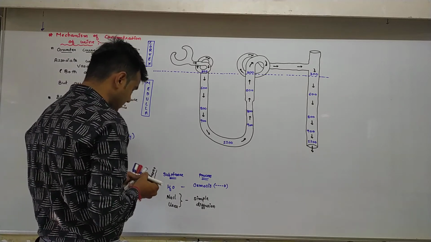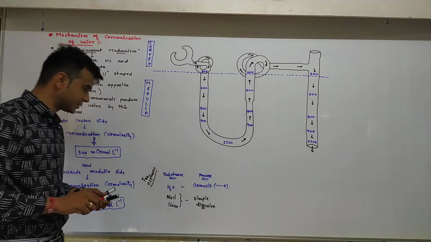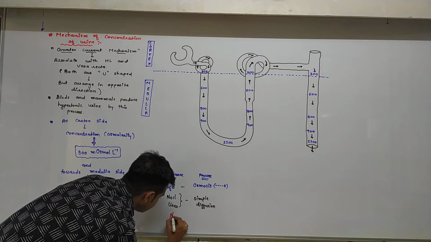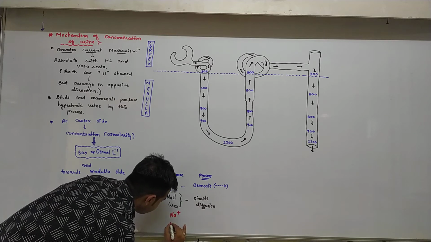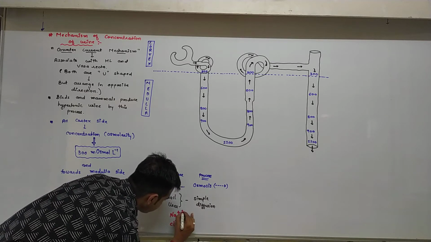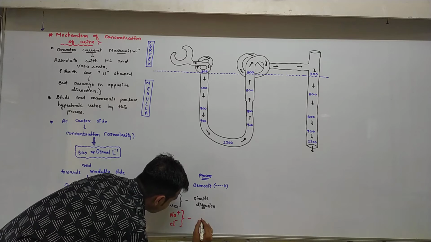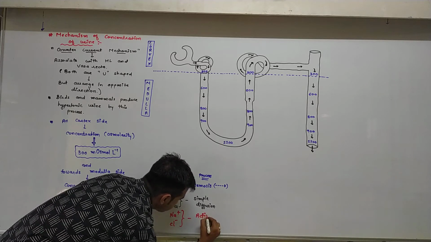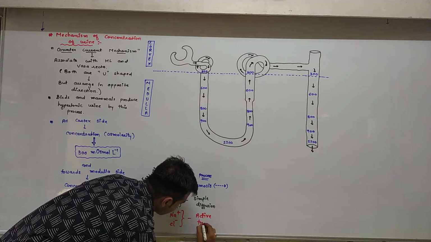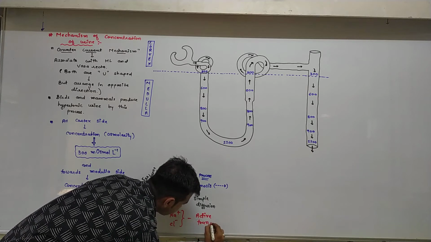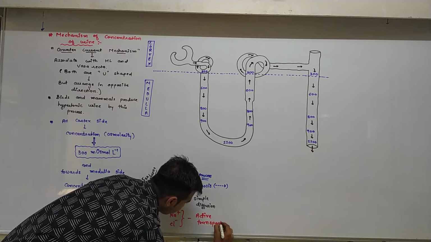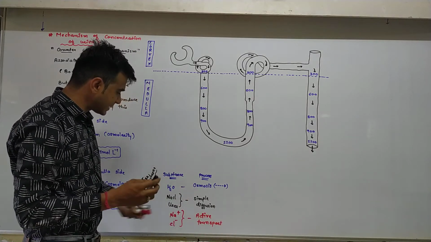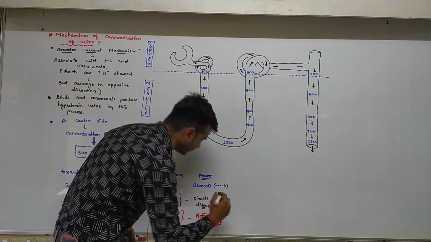And now here ions are there: Na plus and Cl minus ions by active transport. Sorry to say, I forgot to tell you that NaCl and urea transfer through simple diffusion.